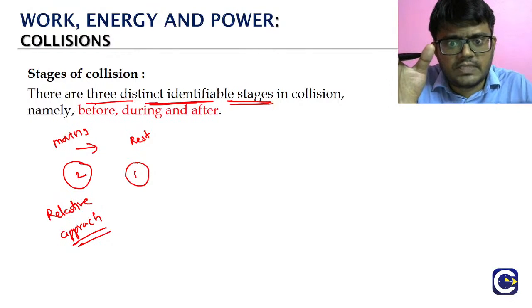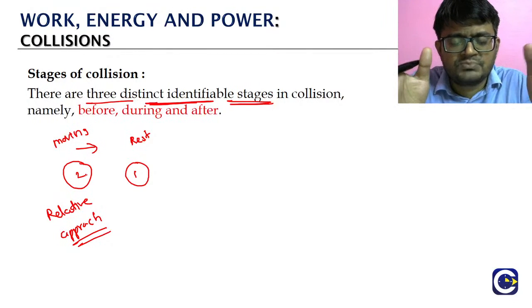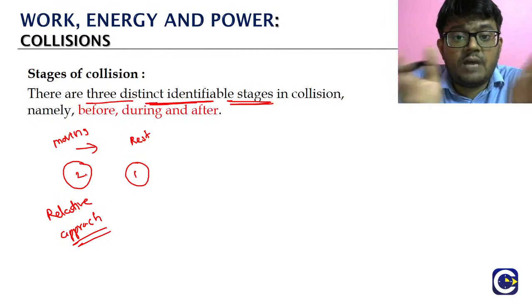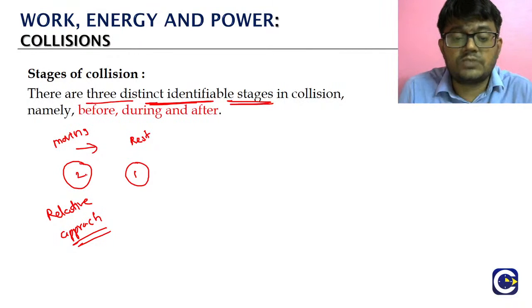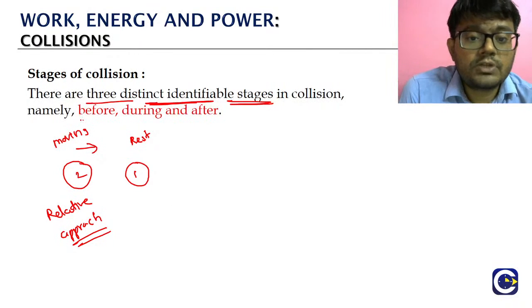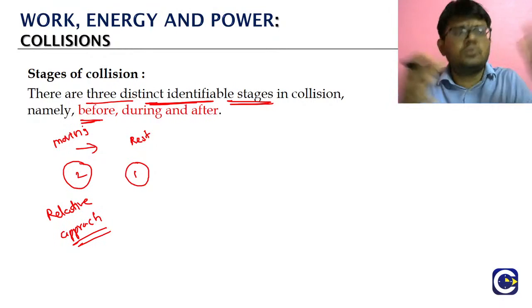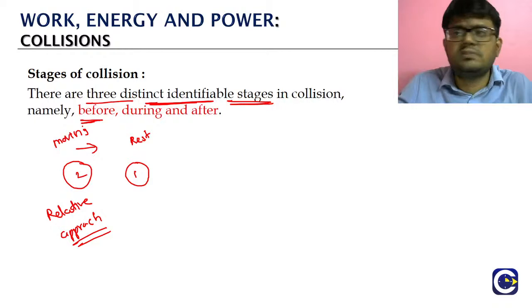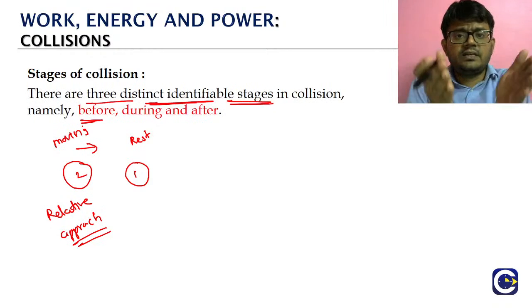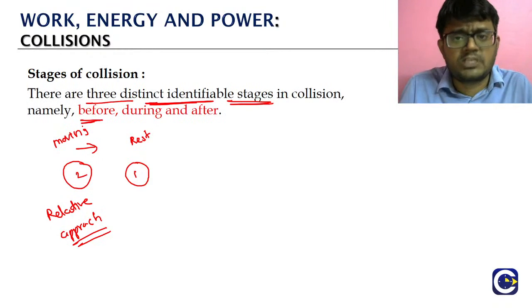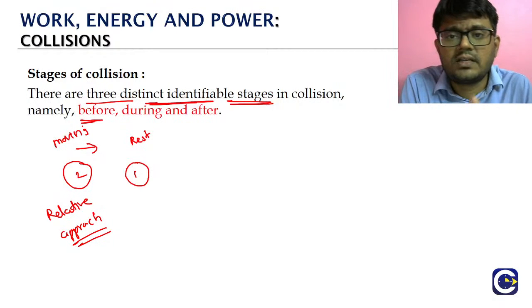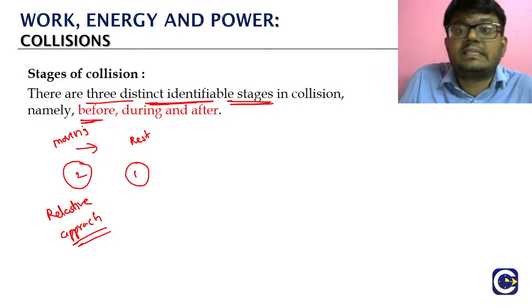The duration where the objects are relatively approaching each other is what we call before the collision. And before the collision, there is no time limit. We can see two balls coming from a very long distance, and you will be able to observe it for that much time. This has not got much significance in terms of time.